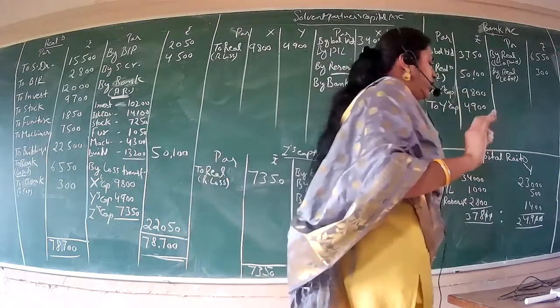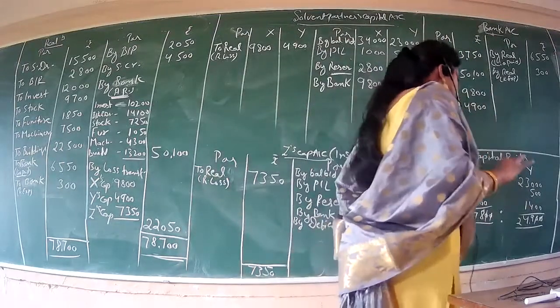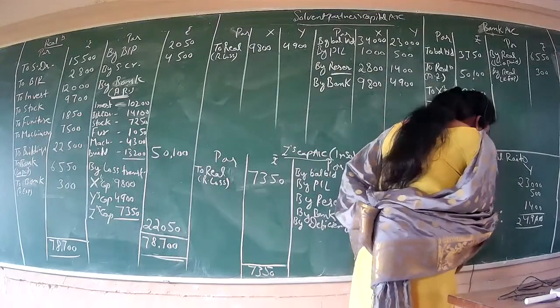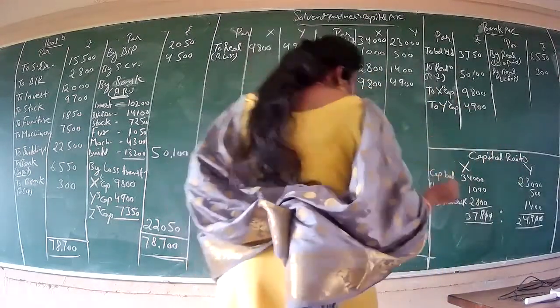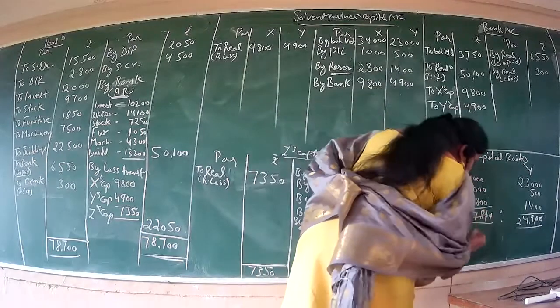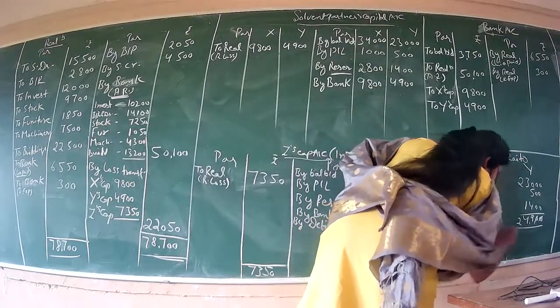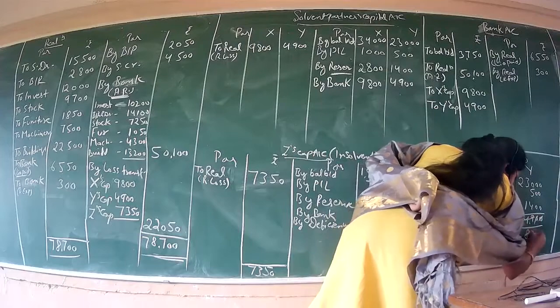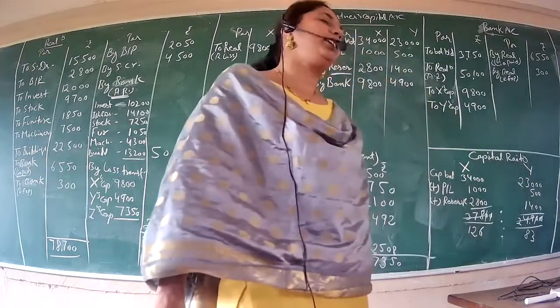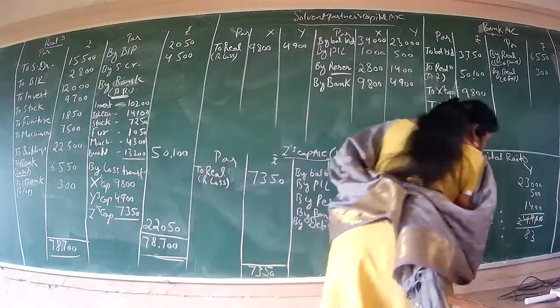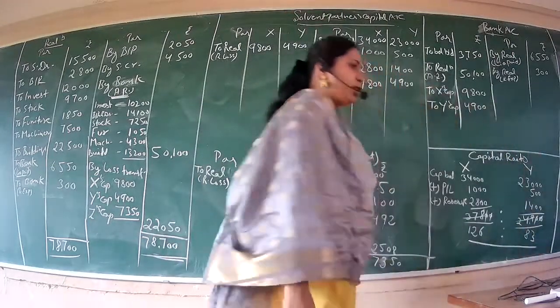More than 20, I'm not telling you, but 2 to 20, please remember. And here, if we find the common divider, then we have the common divider as 3, giving 126 here and 83 here. So the ratio will be 126 is to 83. Fine. This is our final capital ratio.